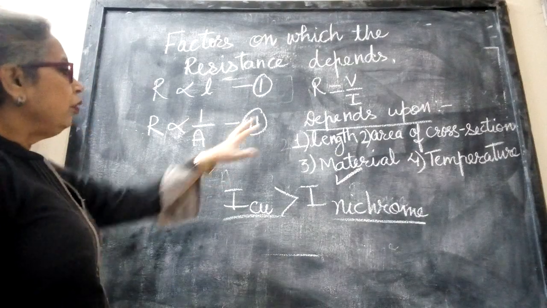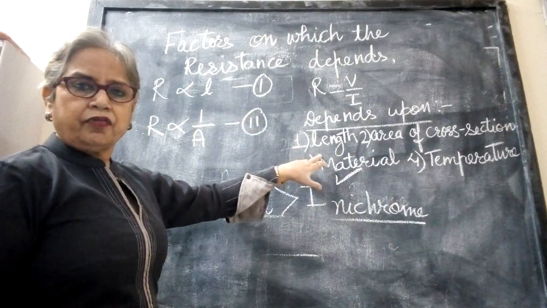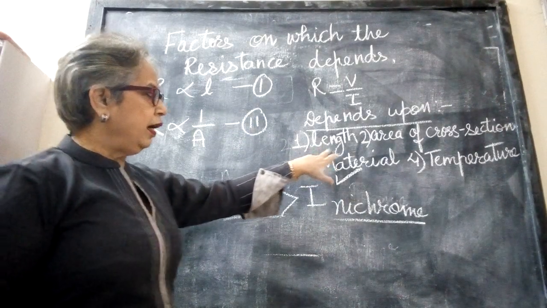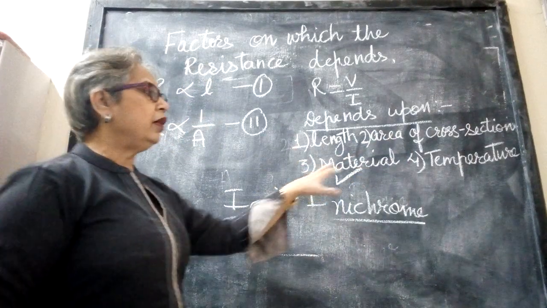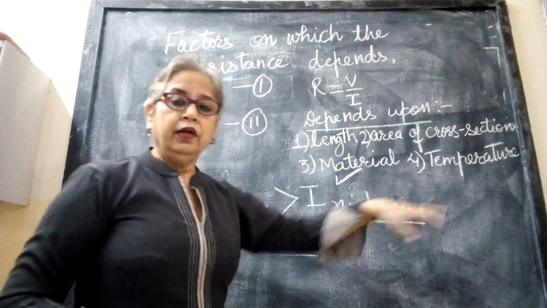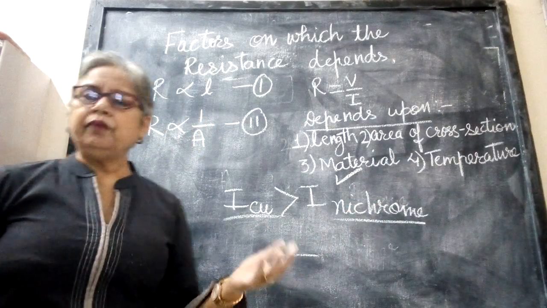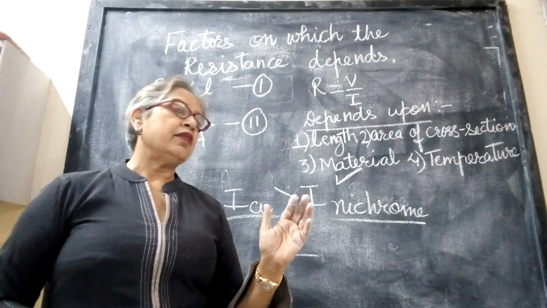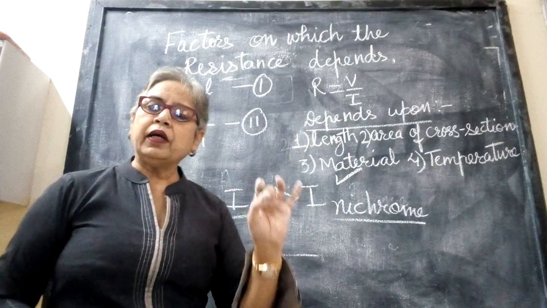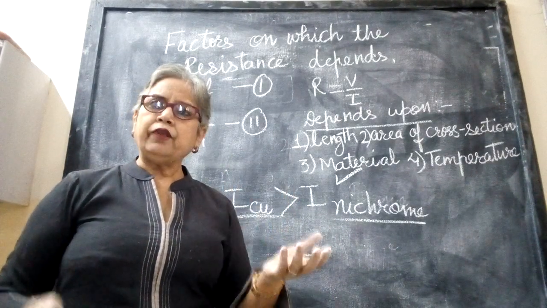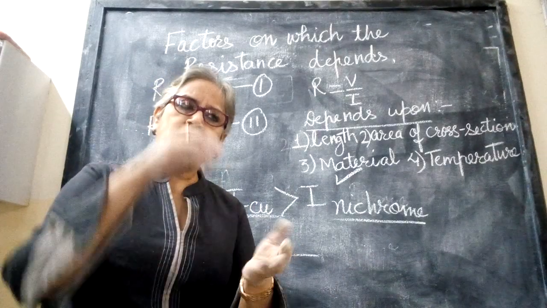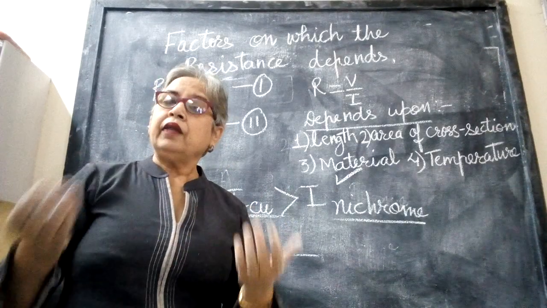Okay. So number 1, resistance of a resistor depends upon length. Number 2, area of cross section. Number 3, material. Number 4, temperature. Now for temperature, what we have to do is we have to keep the key plugged. You take one reading, wait for some time, keep plugged, and take the other reading.